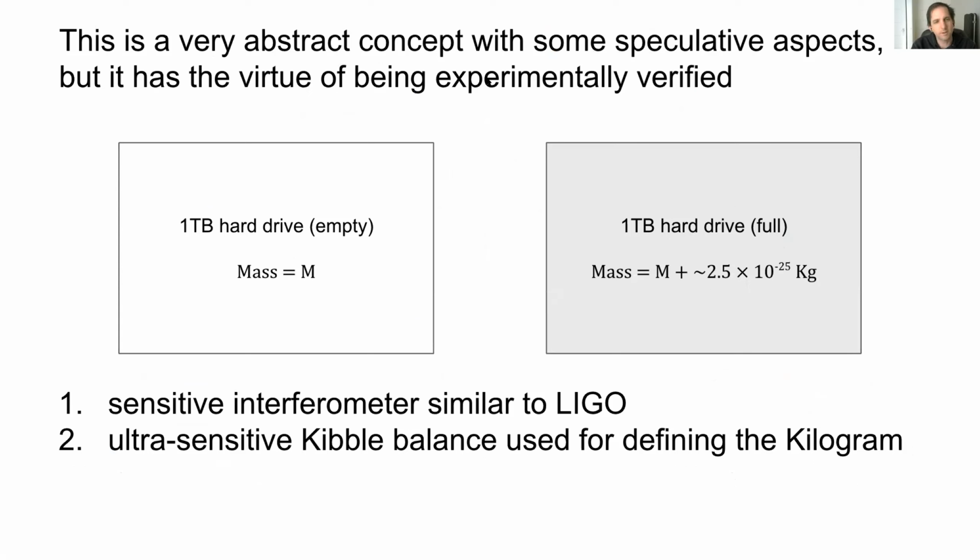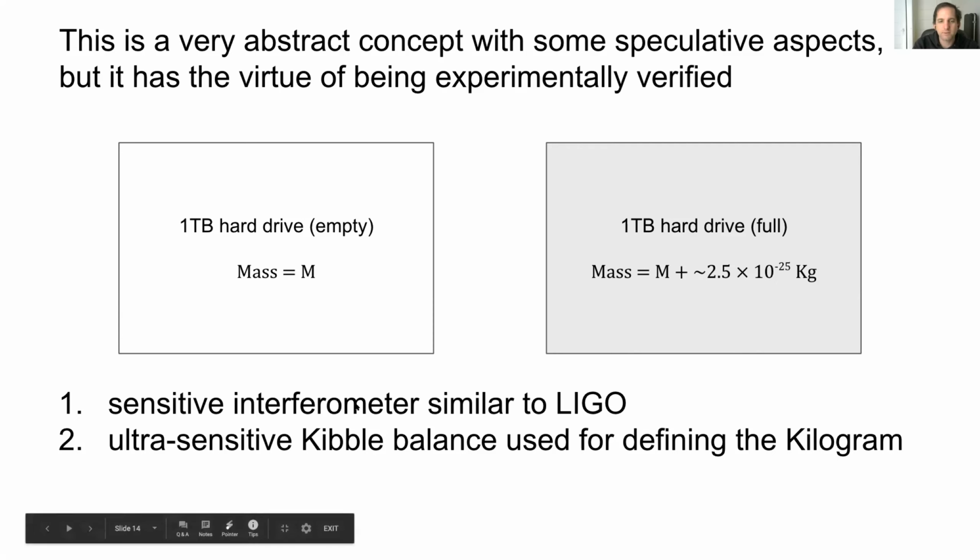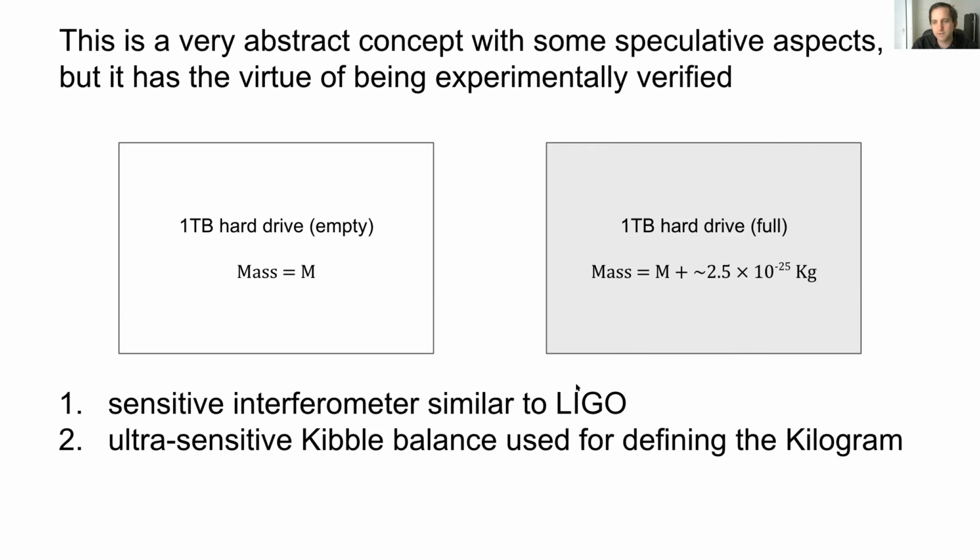He proposes that you can do this experiment with an interferometer, similar to the LIGO experiment, which tries to detect gravitational waves, although the author says it doesn't have to be as sensitive as the one existing to detect gravitational waves.